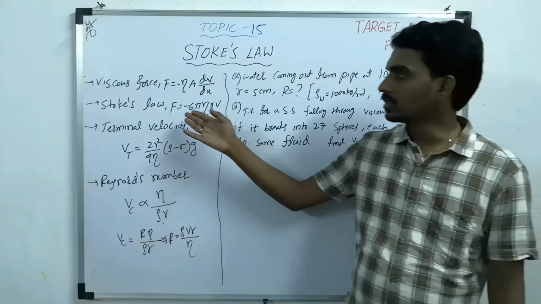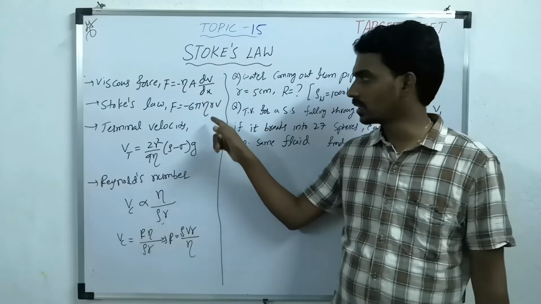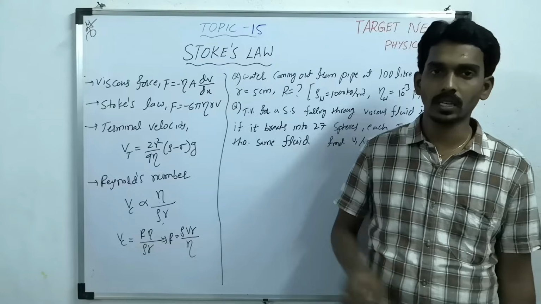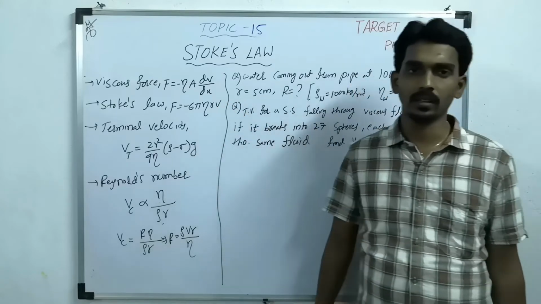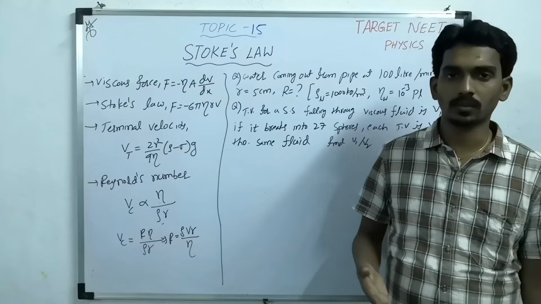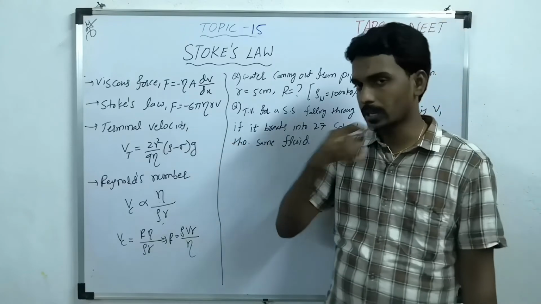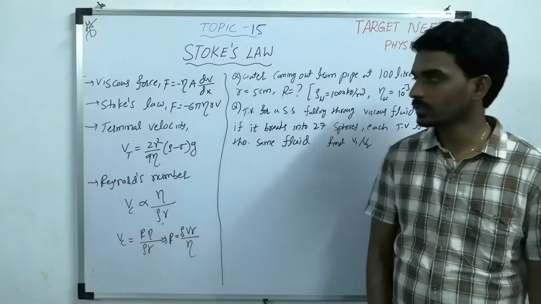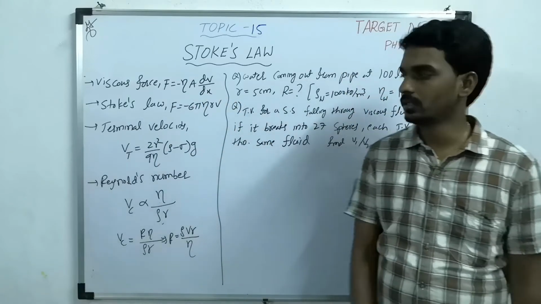Then the viscous force is proportional to the coefficient of viscosity, the radius of the body, and the speed. Greater the speed, greater the force. Lesser the speed, lesser the force. And the proportionality constant is 6 pi. So this is the equation given by Stokes law.